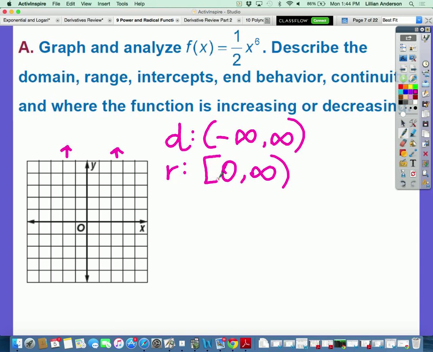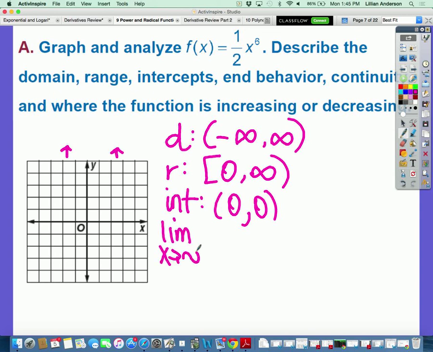Sure is. Remember, you can think back to my classic parent quadratic. All of those features are going to be the same for this x to the 6th function. What about my intercepts? 0, 0.